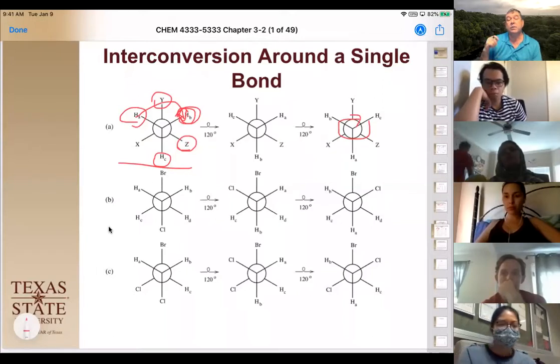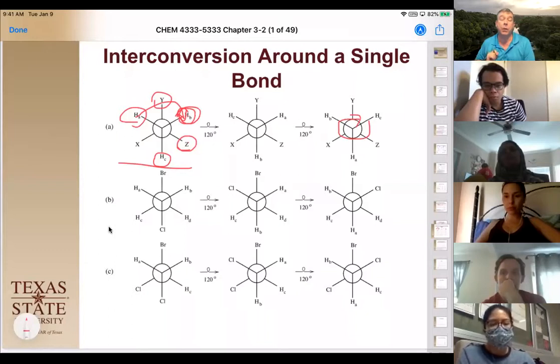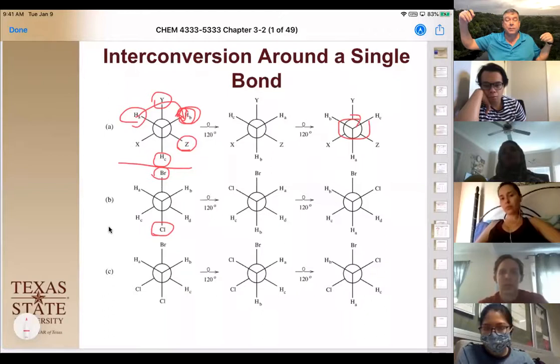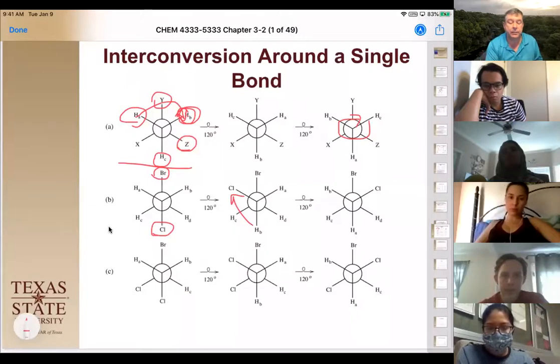However, if we start to get really big groups that try to force out one or more of these configurations, for example, if we have the bromine and chlorine here, those are fairly much larger than hydrogen, okay? And so it prefers this anti-position where they're opposite each other here. So when it tries to go to the gauche position, it's going to spend less time at this gauche position than at this anti-position here.